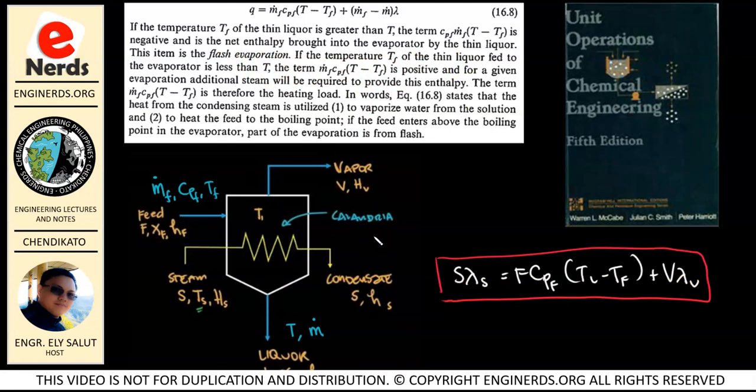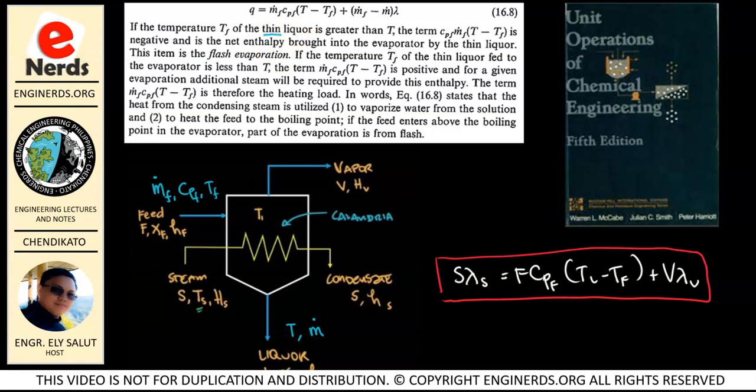And what's important, kaya ako ito pinakita, because in McCabe-Smith, they are explaining kung ano ang ibig sabihin nito. So, if the temperature TF, so yung temperature ng ating feed, which is also called as thin liquor. So, thin liquor, no? Ito yung term na ginagamit dito sa McCabe-Smith.